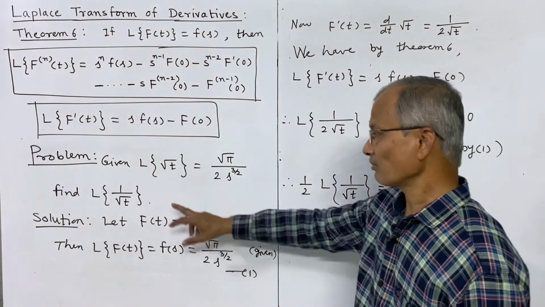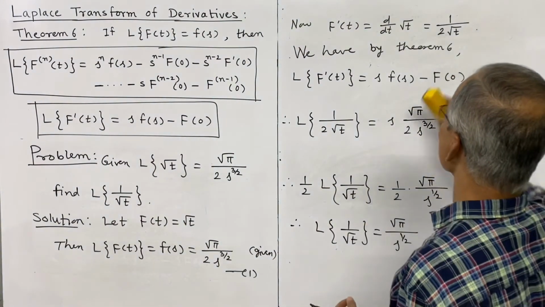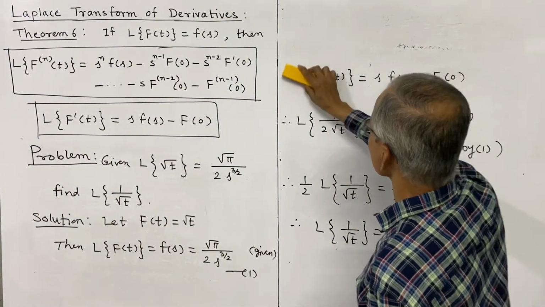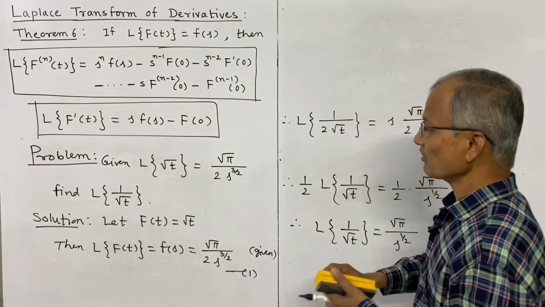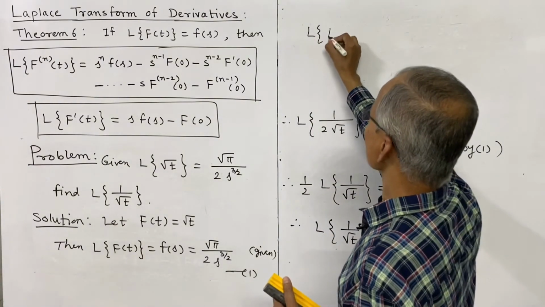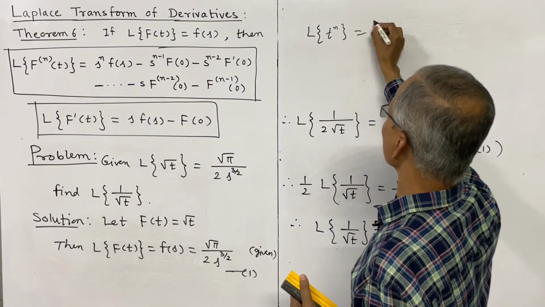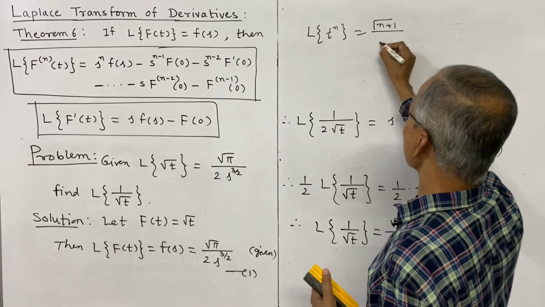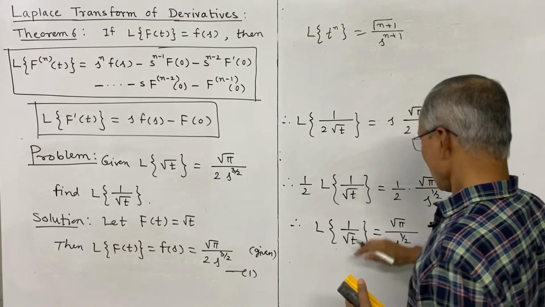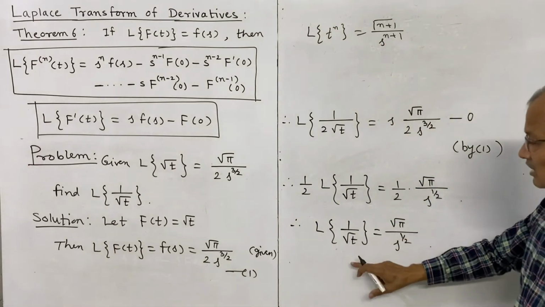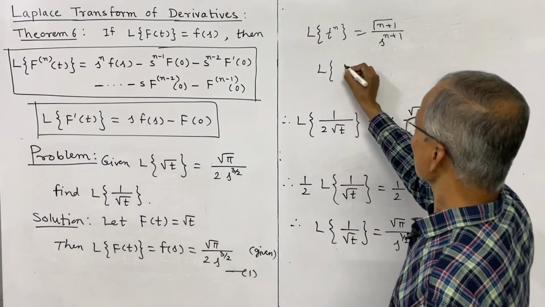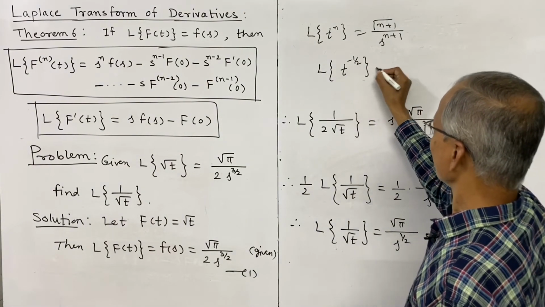So we have the formula: Laplace transform of t power n is gamma of n plus 1 divided by s to the power n plus 1. Now 1 by root t means Laplace transform of t to the power negative half.